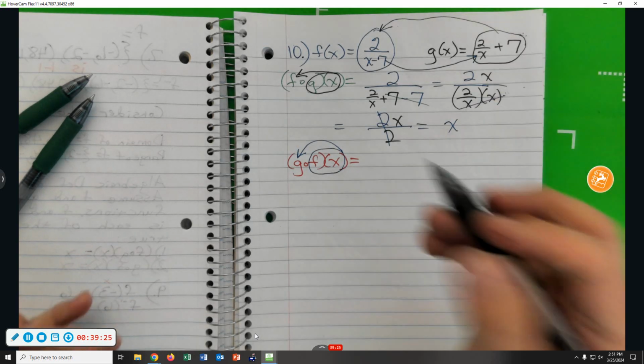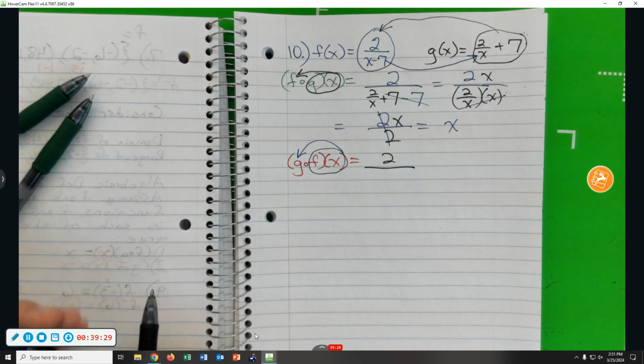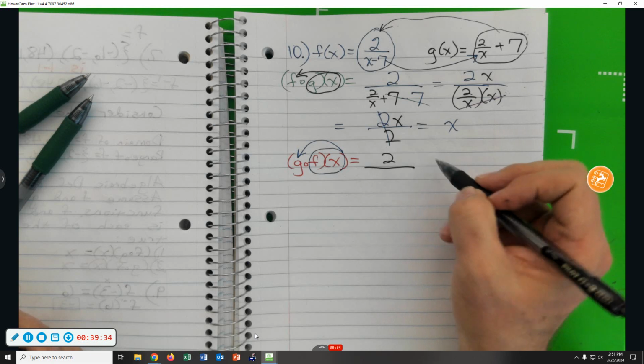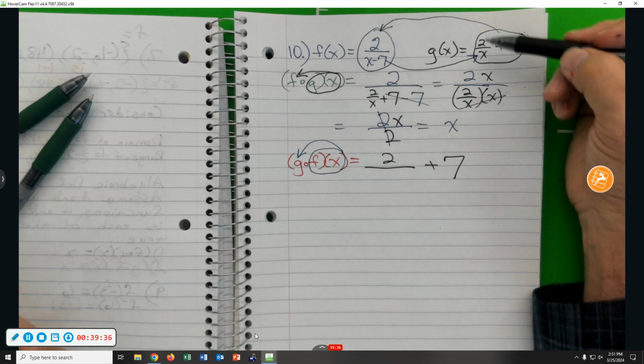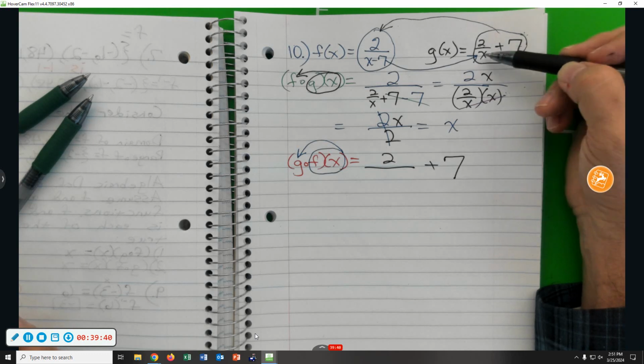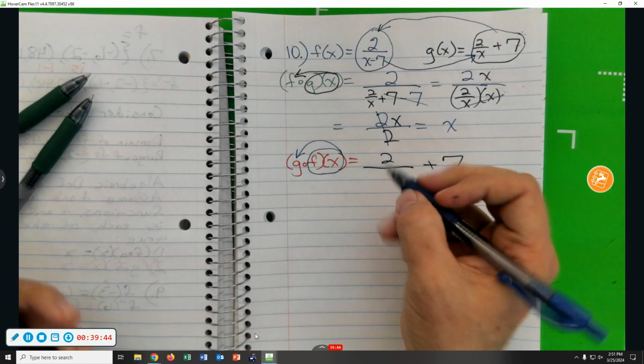So we're going to have the 2 and the major fraction bar. What are we going to have right here? A plus 7. You see the 2 over the fraction bar, you have the plus 7 on the right. In place of that X, we're writing that 2 over X minus 7.